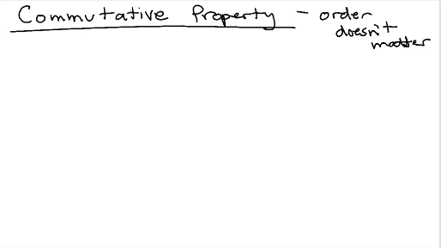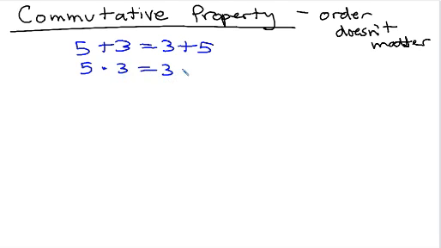So the commutative property is true for addition because 5 plus 3 is the same thing as 3 plus 5. And the commutative property is also true for multiplication because 5 times 3 is the same thing as 3 times 5. It is not true for subtraction and division.